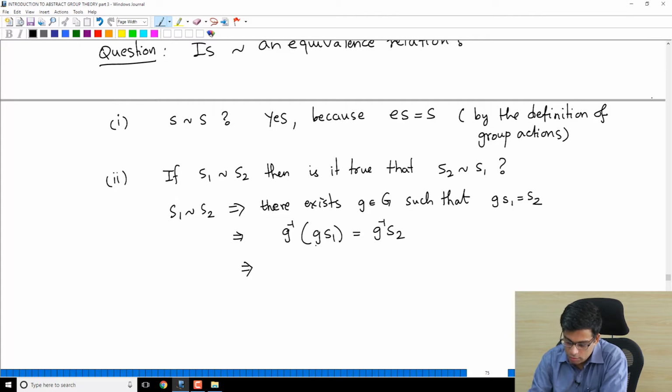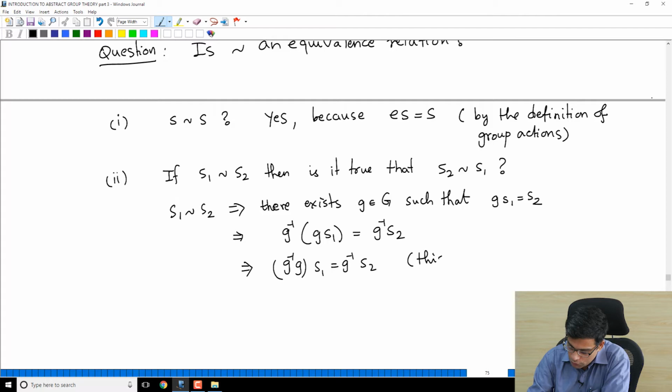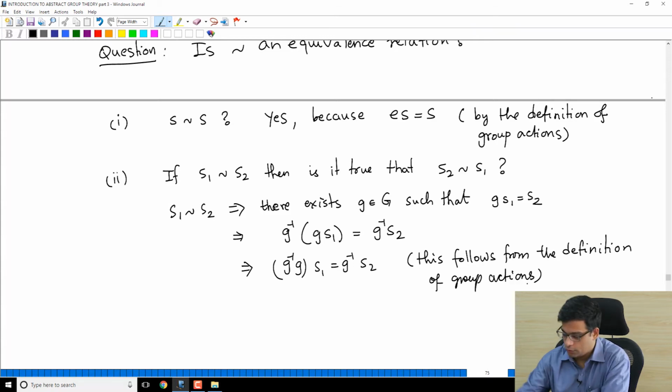Then this follows from the definition of group action.